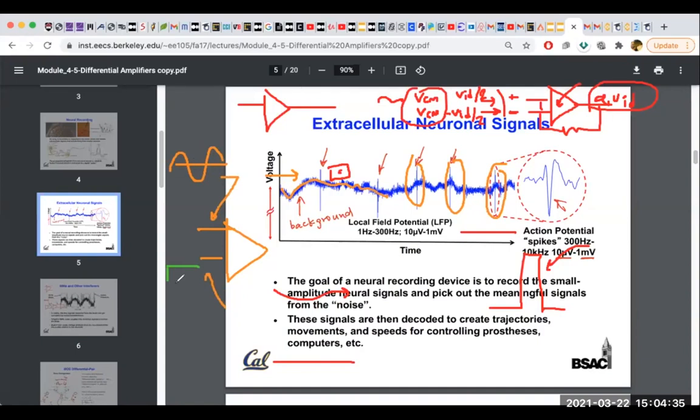It should start from here and here. So this common point is VCM. It's like a DC. This is also DC. This is plus, and when it is plus, this one is minus, plus minus minus plus. So basically we get to amplify this AC signal, but we don't get to amplify the common mode signal because they cancel each other. So this way we are able to cancel this background noise.